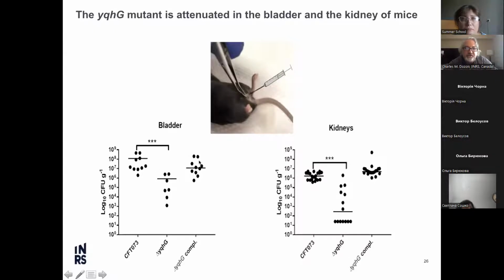Complementation is not statistically different. And in the kidneys as well, there's an even more important drop in the ability to infect. So this is showing us an example here. In fact, the kidney drop here is a stronger drop than you'd see if you had a Fim-only mutant. So just the loss of type 1 Fimbriae causes something similar to this.